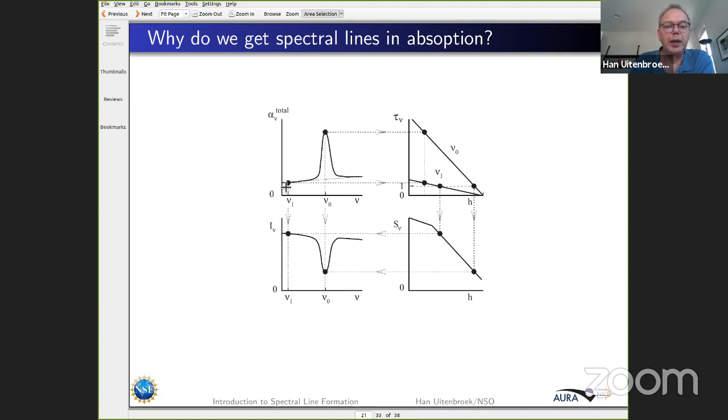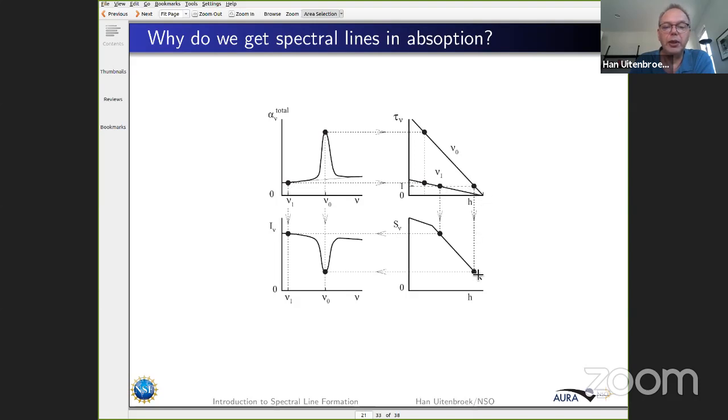So now when you see where optical depth unity is on these optical depth curves, you see that optical depth unity in the line core is at a much higher height than optical depth 1 in the continuum.